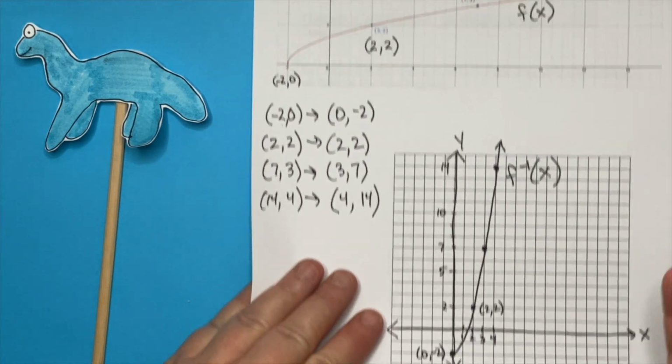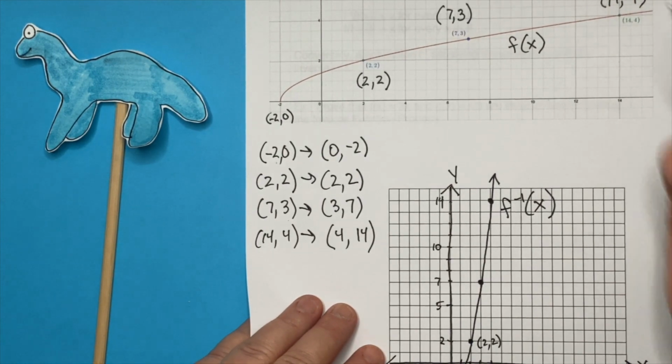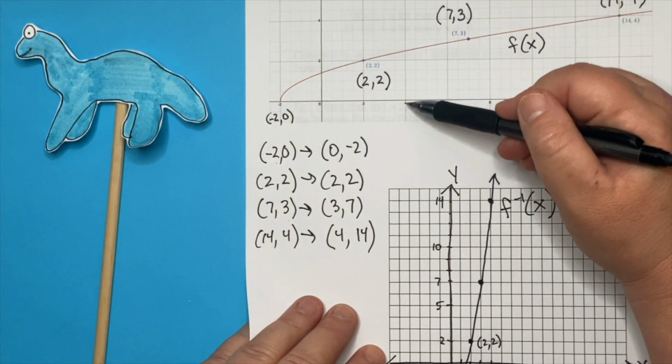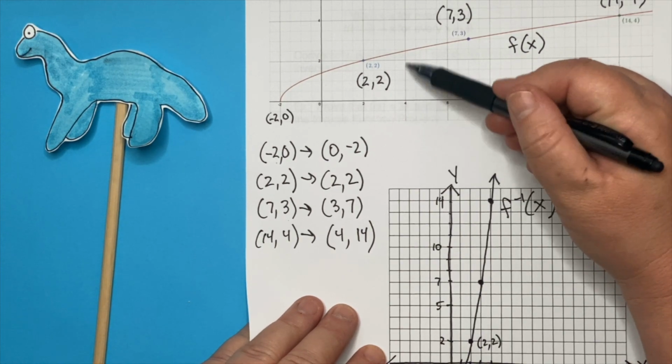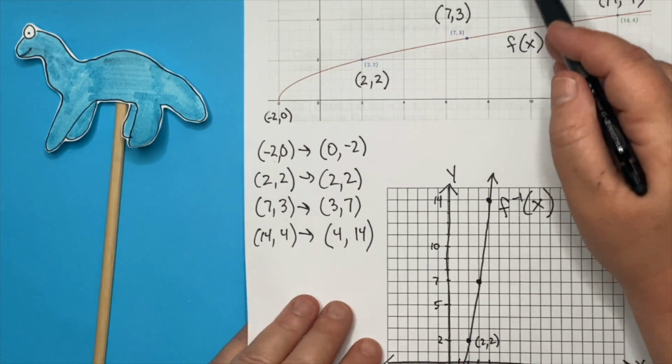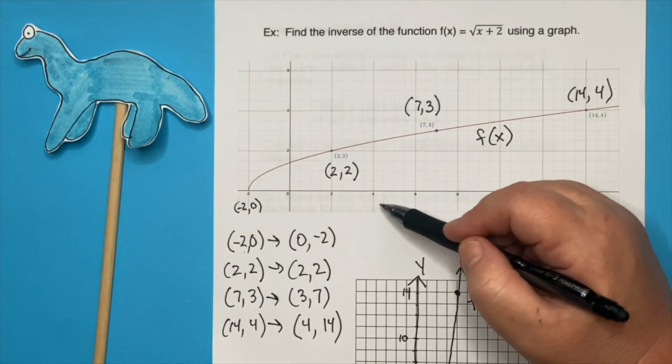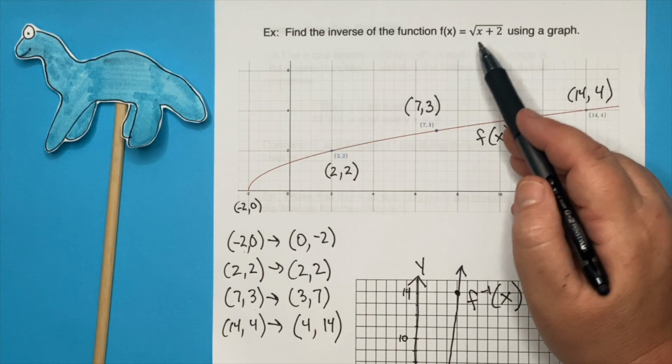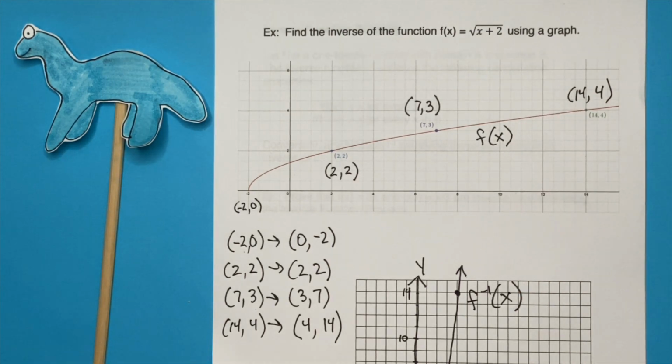Now, could I find more points? Absolutely. I could look at what happens when x is 4, for example. It's a little bit tricksy, but at 4, this is going to be the square root of 6. So it's not a nice even number like these integers.